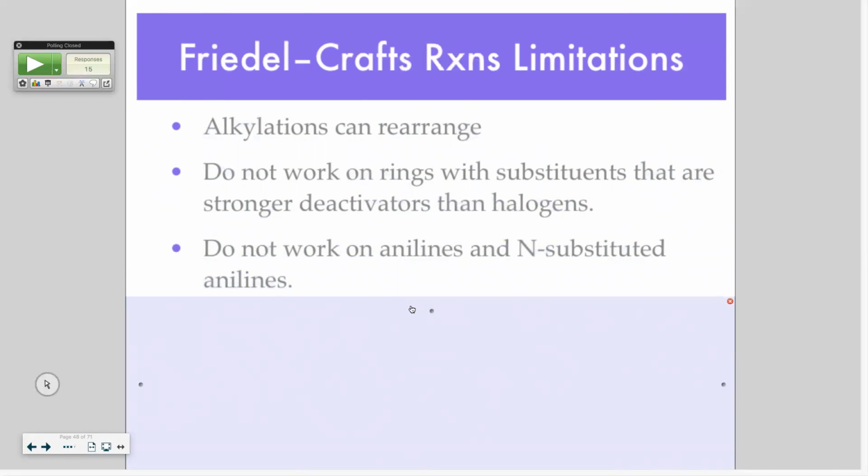Okay? All right, what about this one? They do not work on anilines and N-substituted anilines. So what's an aniline? NH2 on a benzene. Yeah. I'll draw one over here, a little bitty one. Okay, you could also have N-methyl aniline, with the methyl on that nitrogen.